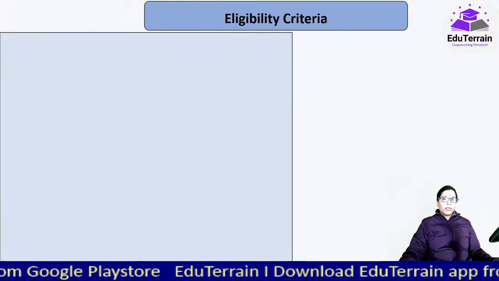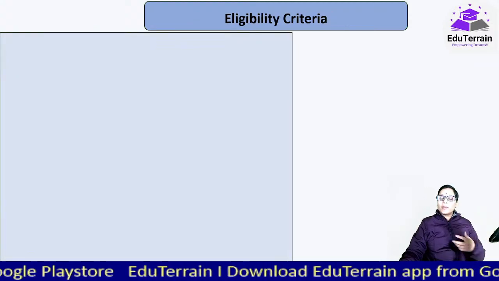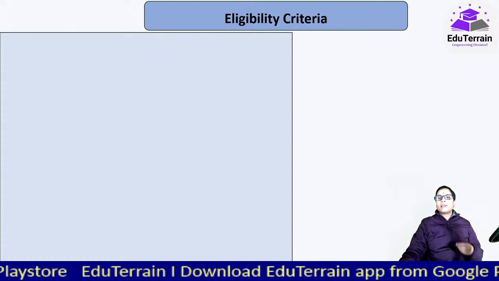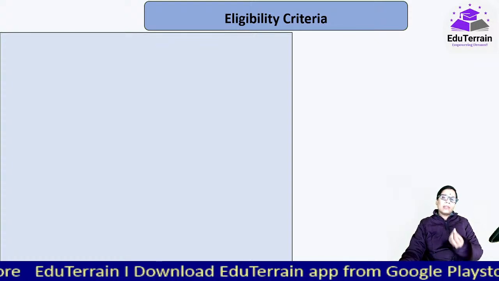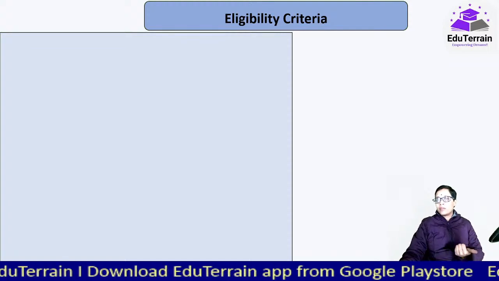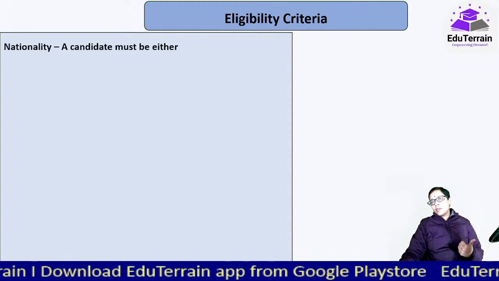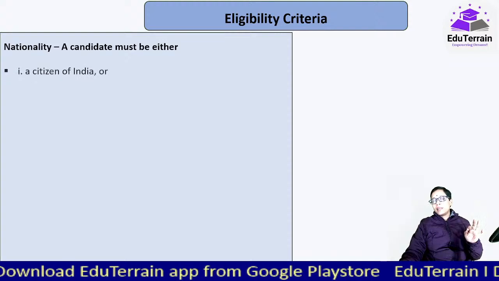Okay, now what is the eligibility criteria? We have seen the disciplines, so as per where you fit you can opt for that, but in this case I will be taking you through the general post details. Eligibility criteria, the first thing, nationality.